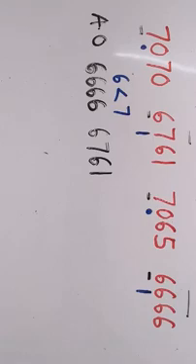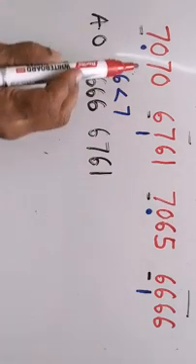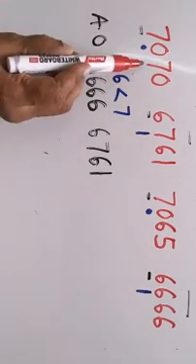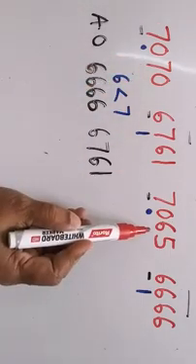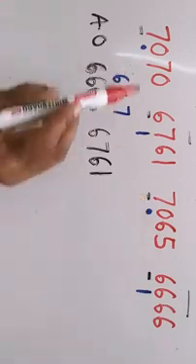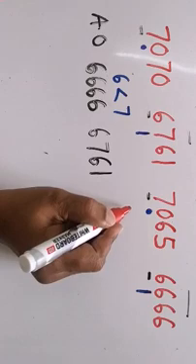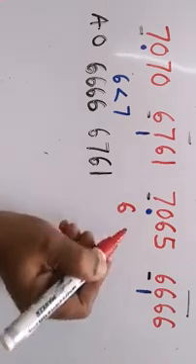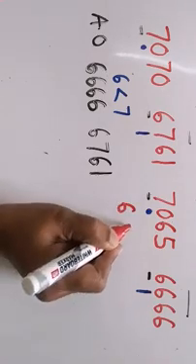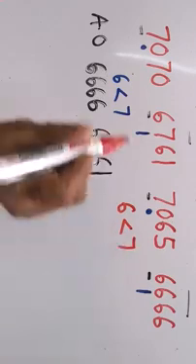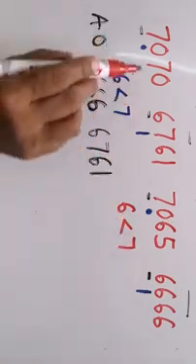So if the thousands digit is same and the hundreds digit is also same, what do I do? I will compare the tens digit. In the tens digit, here I have 7, here I have 6. Now children, which is a smaller number, 7 or 6? Yes, 6 is smaller than 7. Same digits, we are comparing the same digits.